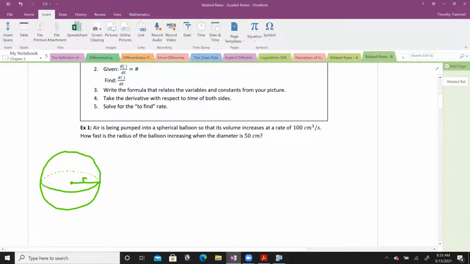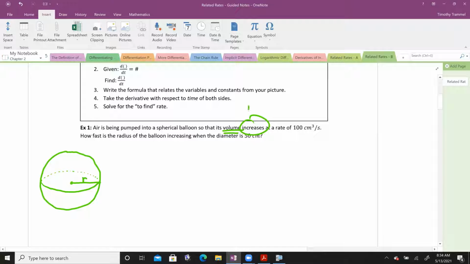Okay. Well, let's see if we can write down some rates. Okay, so these rates are always going to take this form, d something dt. Okay, all right, because we're going to be talking again about rates, which is really another way of saying derivatives. Okay. So air is being pumped into a spherical balloon so that its volume, so volume is increasing.